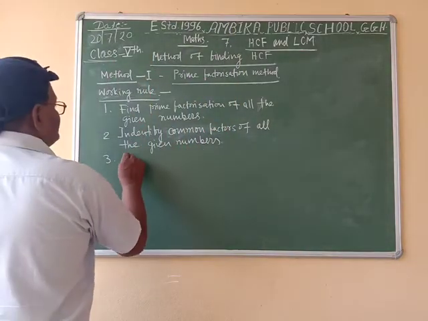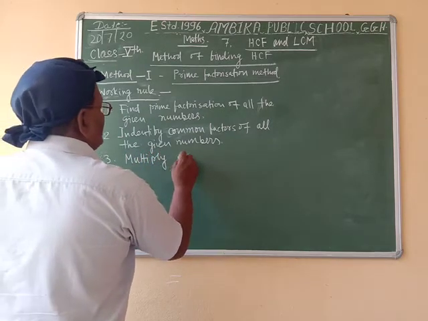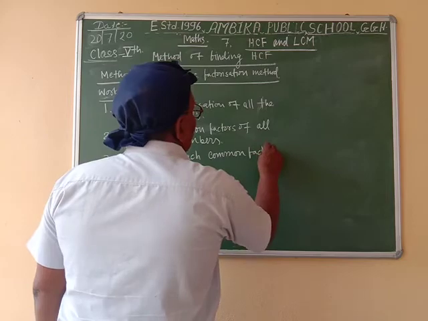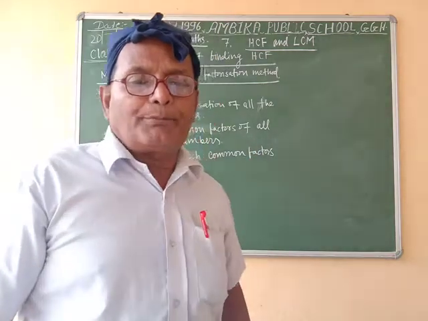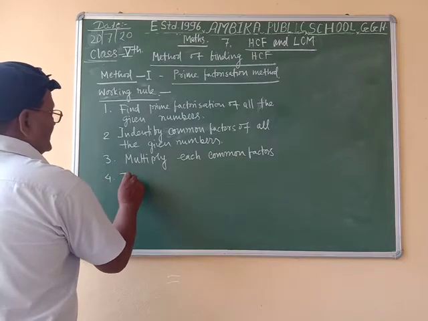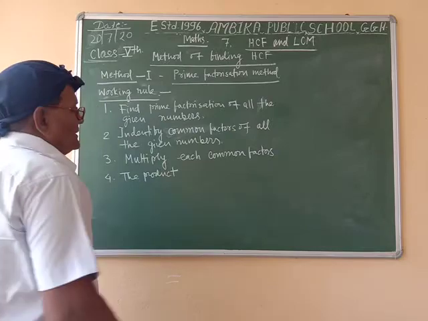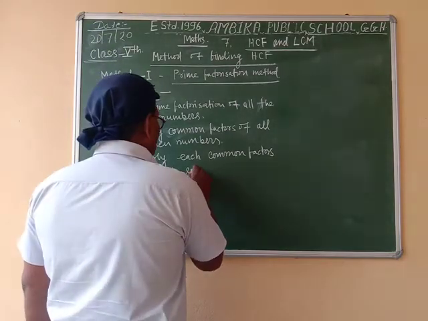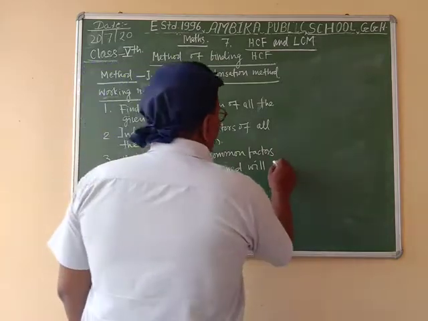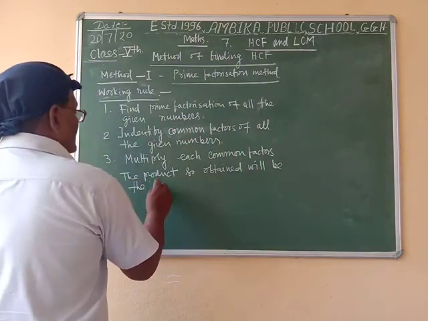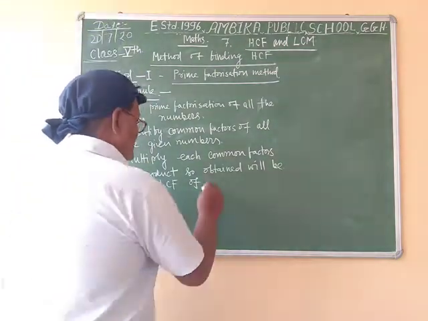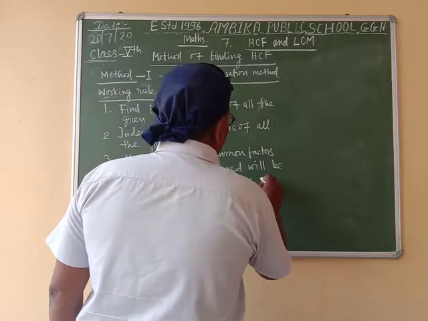Multiply each common factor. The product thus obtained will be the HCF of the given numbers.